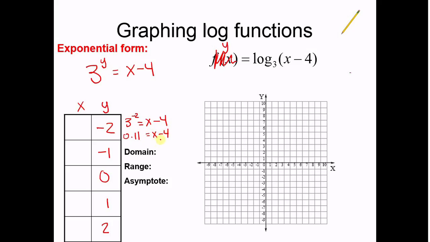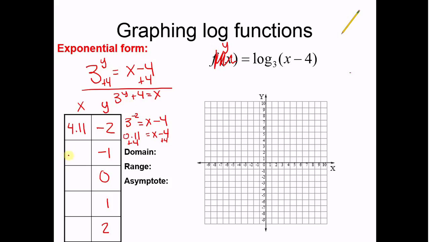To get x alone, you add 4 each time. Another thing you could do, if you want to go straight into your calculator, is add 4 right away, so you get 3 to the y plus 4 equals x. That's probably an easier method if you just want to pop it into your calculator.